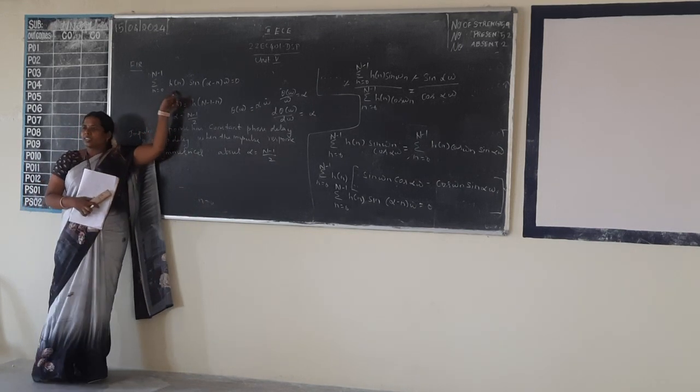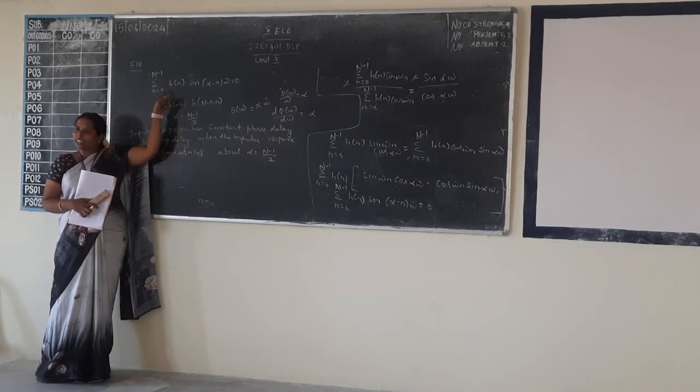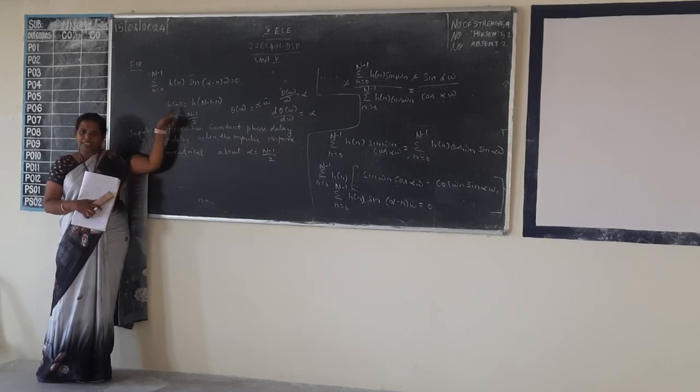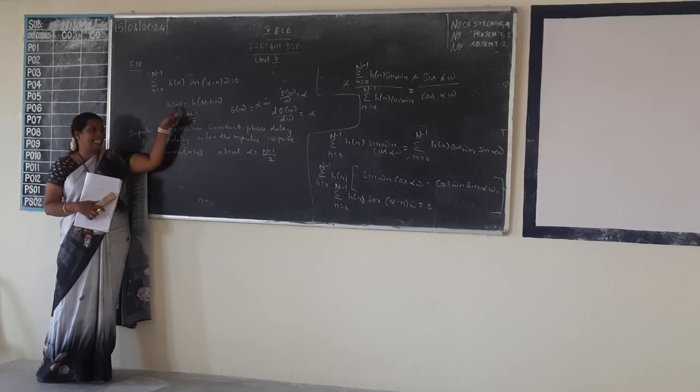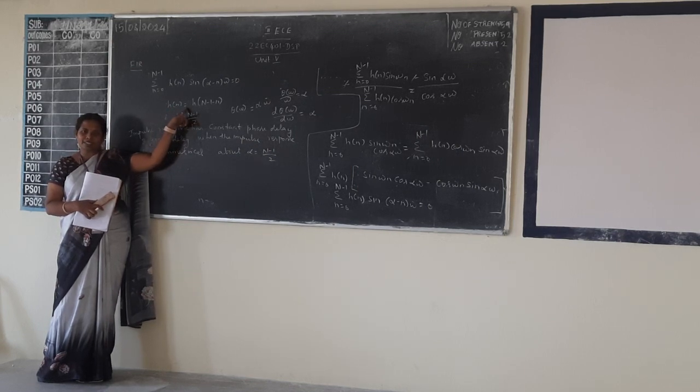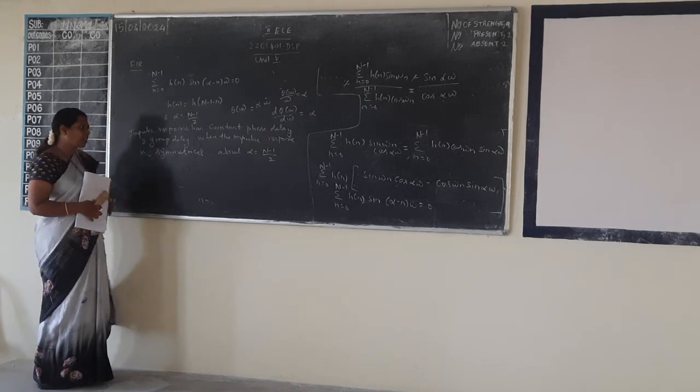So after this you understood, right? In order for this equation to be satisfied, we must have these two conditions. These two conditions satisfy the symmetric property of the impulse signal. Consider for n is equal to 7.